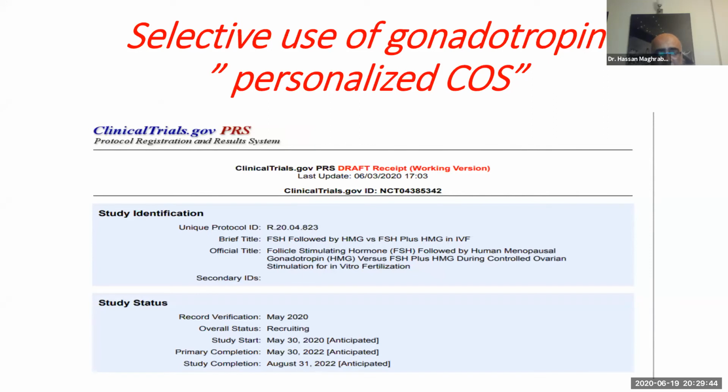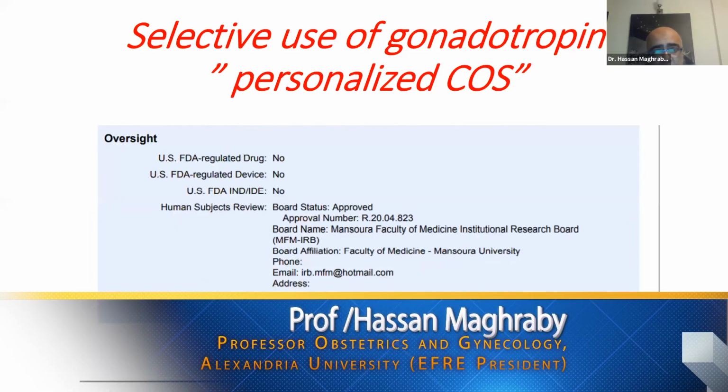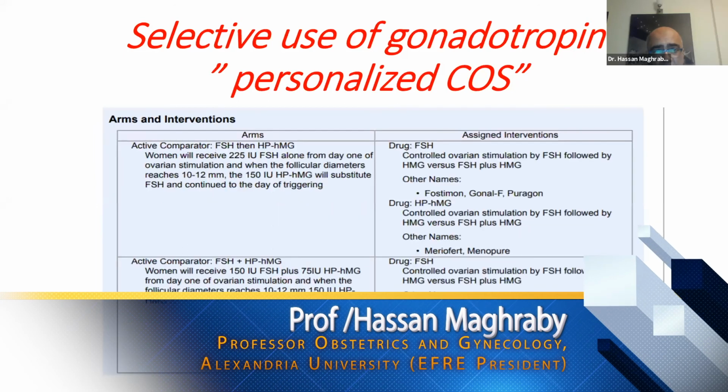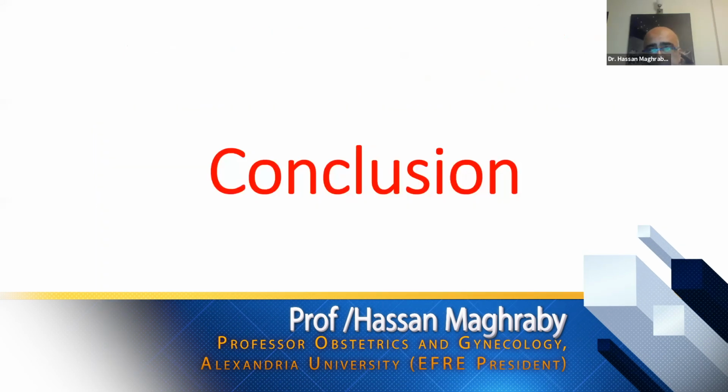The RCT was registered by Professor Ahmed Gibril, and the number I think was around 500 patients, and it is multicenter. We have more than 13 centers from all over Egypt participating in the study, and we are waiting for the results. Thank you very much.